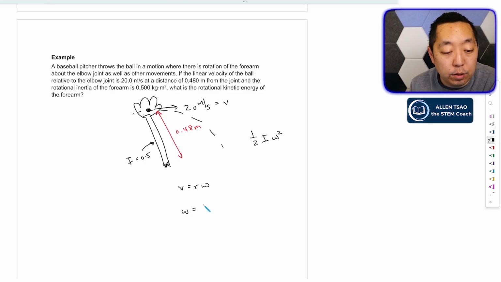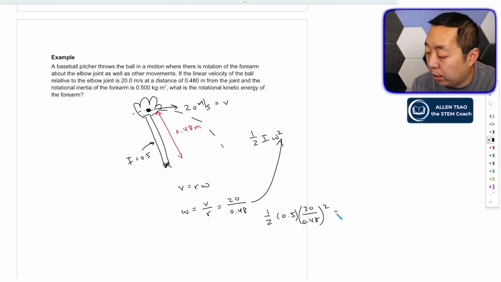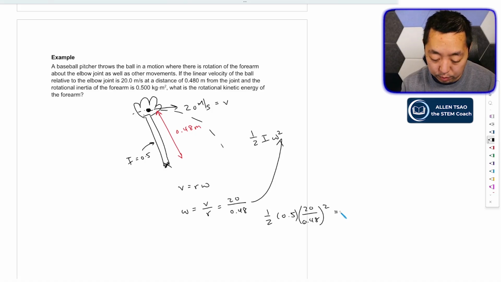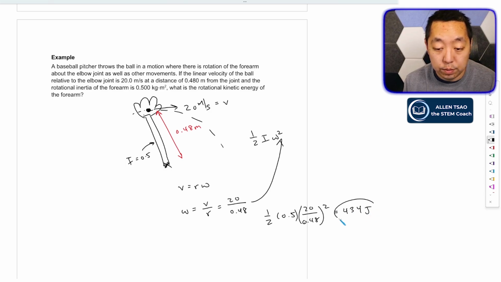So omega is equal to v over r, which is 20 divided by 0.48, because that's the distance to the axis of rotation. We plug that in: 1/2 times 0.5 times 20 divided by 0.48, squared. That would be the rotational kinetic energy, and I end up with 434 joules.